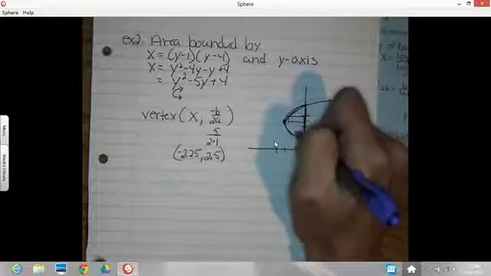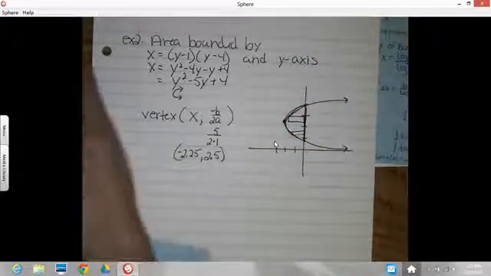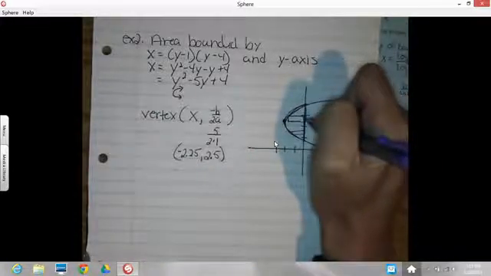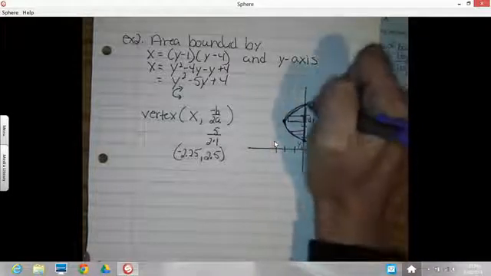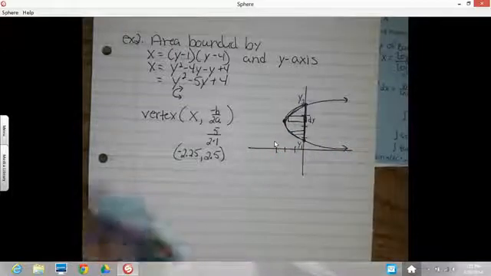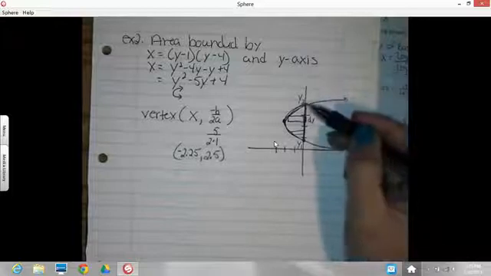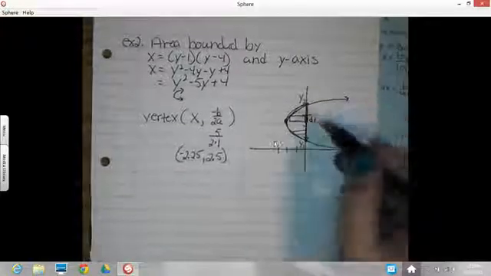So now I know my width is a dy, that little distance. I need y boundaries, y1, y2, and I want my height in terms of y. So I need to set my equations equal so I can find these intersections. Well, I only gave you one equation right here, this parabola, but the y-axis has an equation to it.